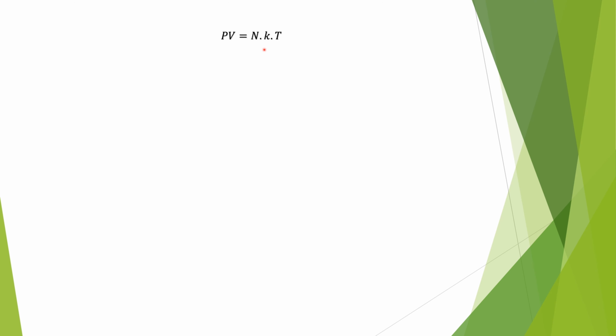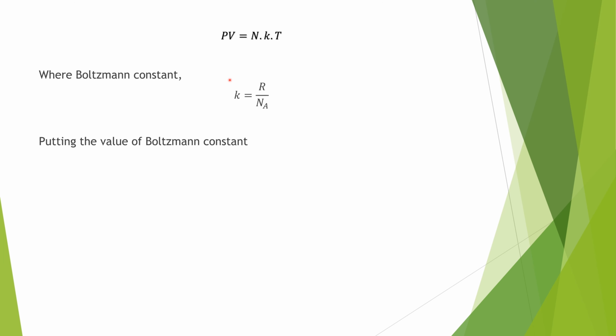For verification of the general gas law, I am using this relation again, that PV is equal to NkT. In this expression, k is the Boltzmann constant, which is the ratio of the universal gas constant and Avogadro's number. So just put the value of k in the above equation.